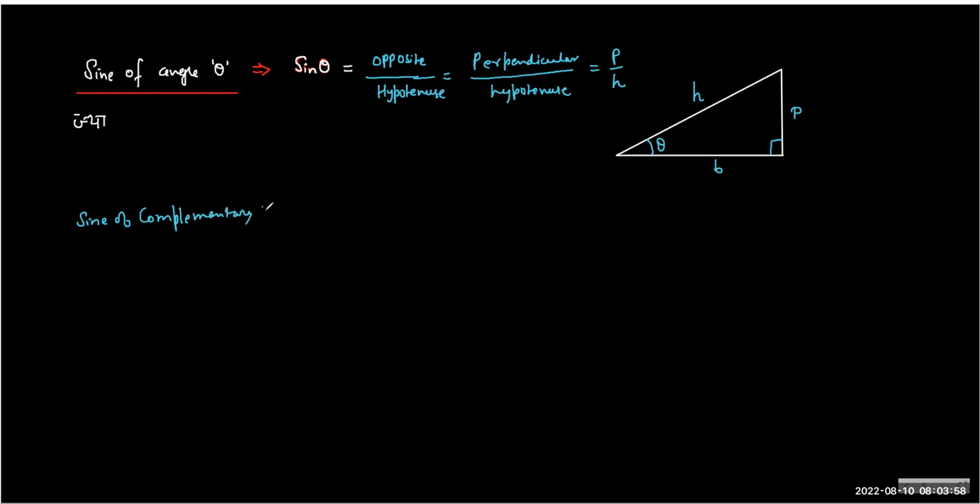So if this is the complementary angle, which is 90 minus theta, what is the sine of the complementary angle?